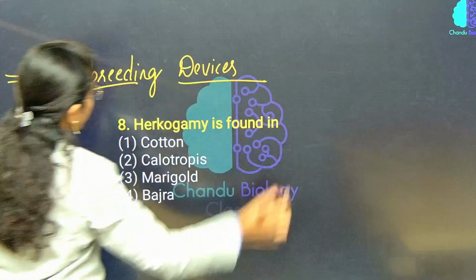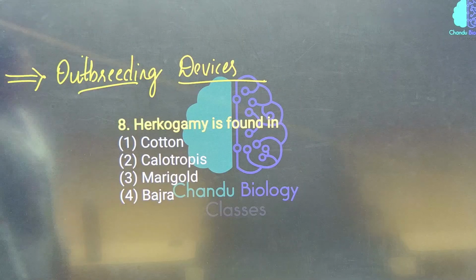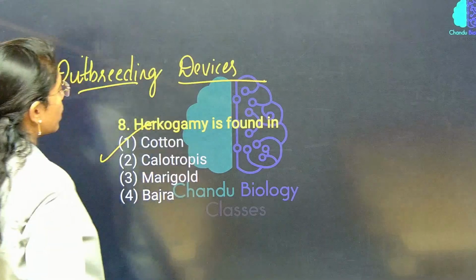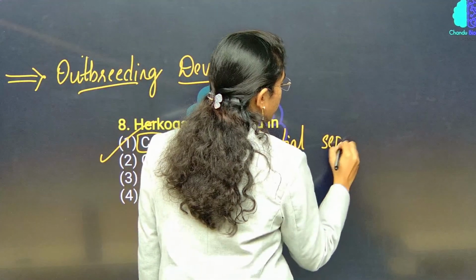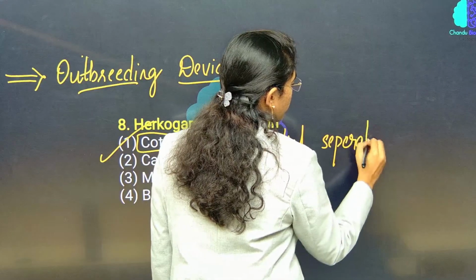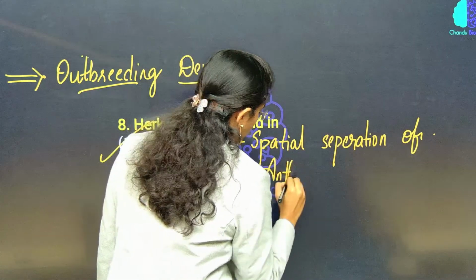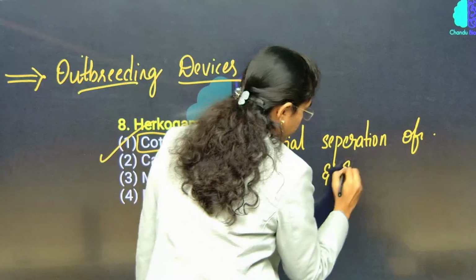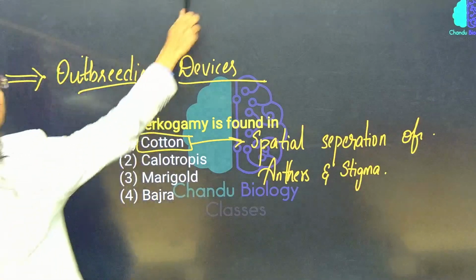Hercogamy is found in, it is usually found in cotton, which includes spatial separation of anthers and stigma. Fine, right? And then next question.